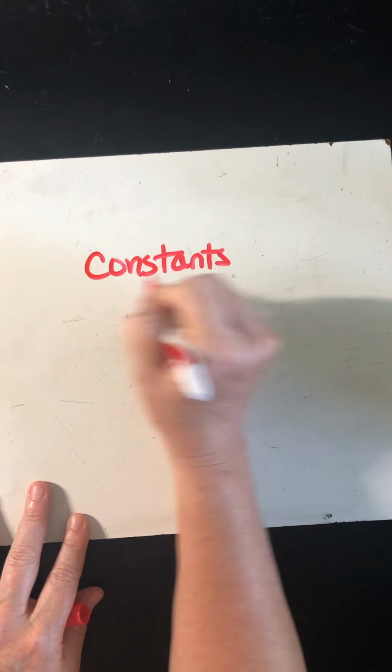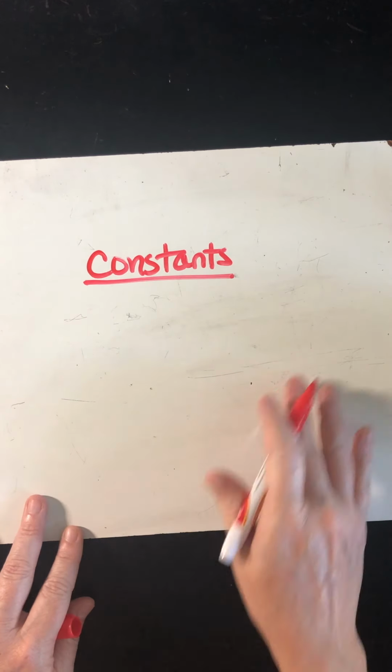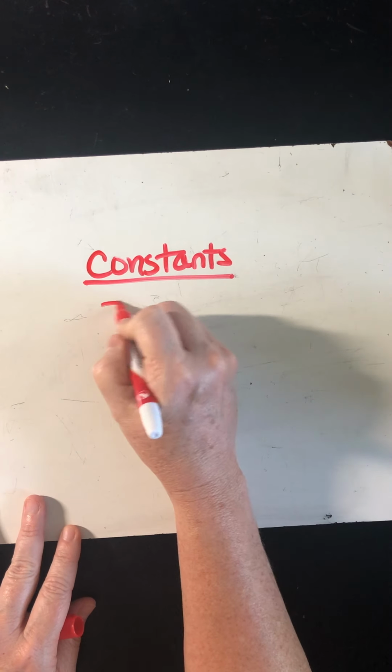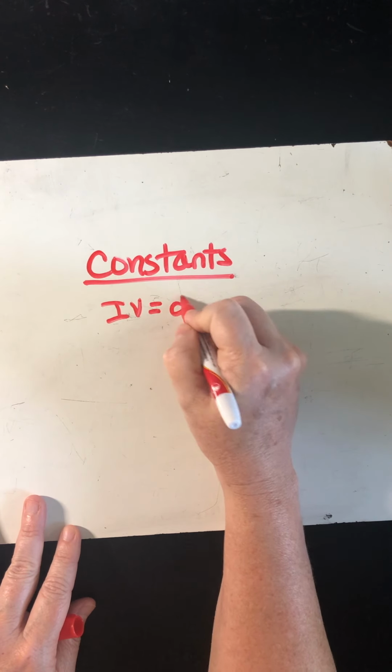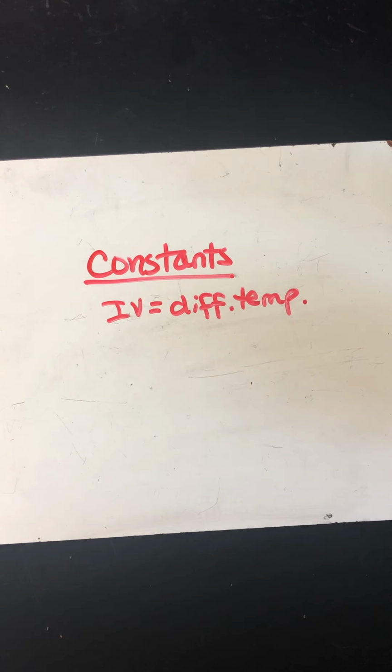When we do an experiment, all of the experimental factors need to stay the same. So if our independent variable is different temperatures, then we're going to change the temperature and make it different for all of the things that we're testing.